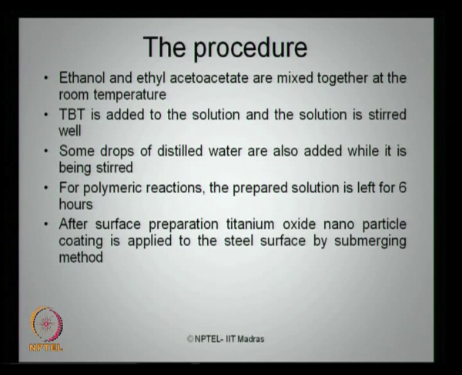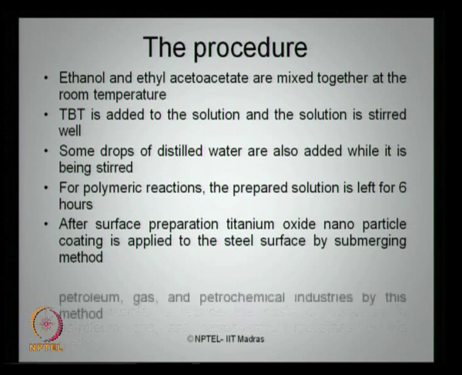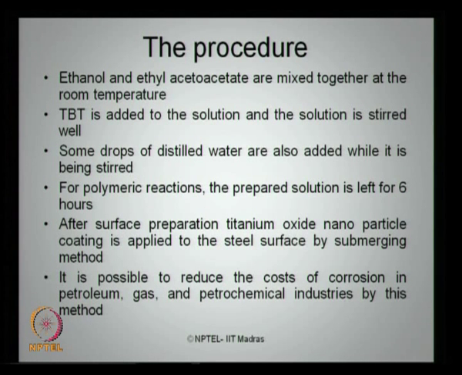After surface preparation is done, a titanium oxide nanoparticle coating is then applied on the surface of steel by the submerging method. It is possible to reduce the costs of corrosion in petroleum, gas and petrochemical industries by simply applying a nano coating on the steel surface by the submerging method, which is one of the recent advancements done in Tehran.